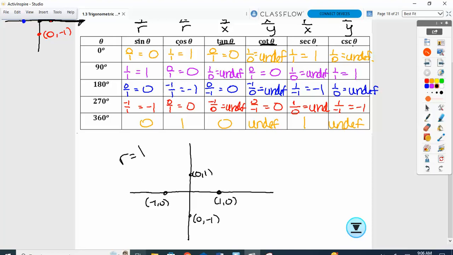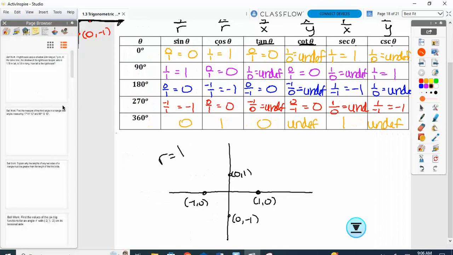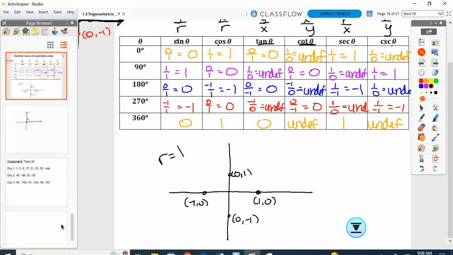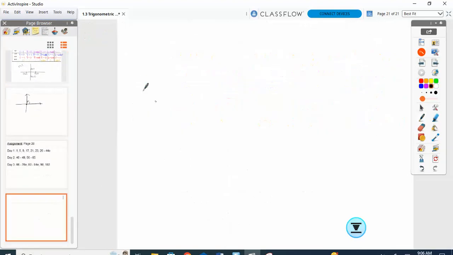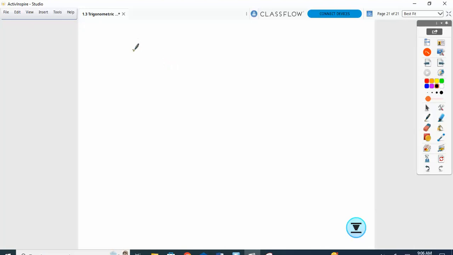So let's do a couple examples. Let's say I asked you to find the cosecant of negative 810 degrees.